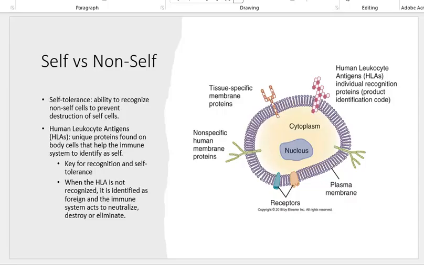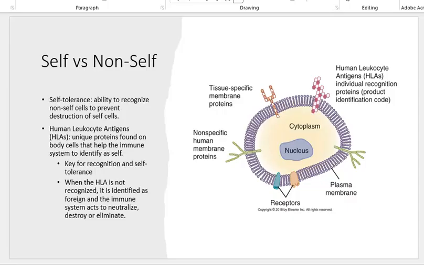It is the human version of the major histocompatibility complex found in other animals. HLAs present fragments of proteins to T cells, allowing the immune system to detect infection, abnormal cells, or foreign tissues.